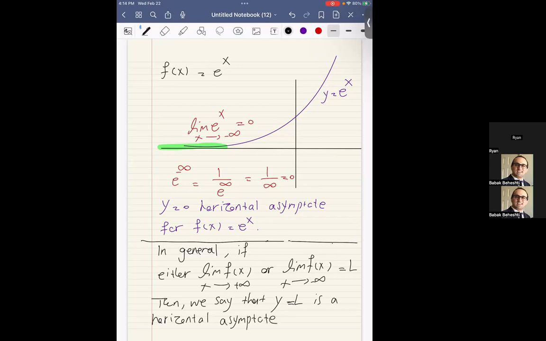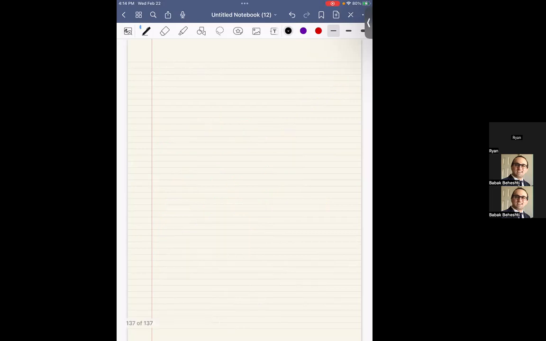And I can show you just a simple picture. So in general, you have a function. Let me draw a simple picture.